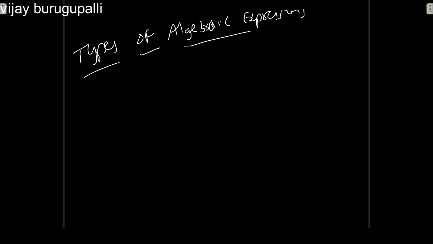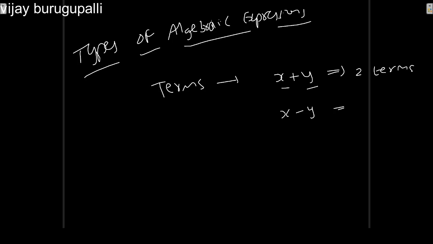Now let's see about types of algebraic expressions. Before talking about types of algebraic expressions, let's discuss terms. For example, x plus y has two terms, x and y. Similarly, x minus y has two terms, again x and y.